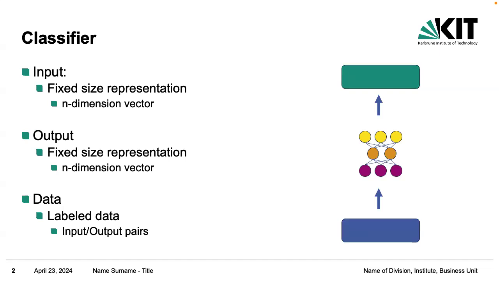And if we want to train it, we put in an input based on our random initialization. We generate an output. We compare the output to the reference output, and then backpropagate and change our model so that it will more and more often generate the same as the label. So our input is a fixed size representation, our output too, and we need labeled data with input-output pairs to train that.